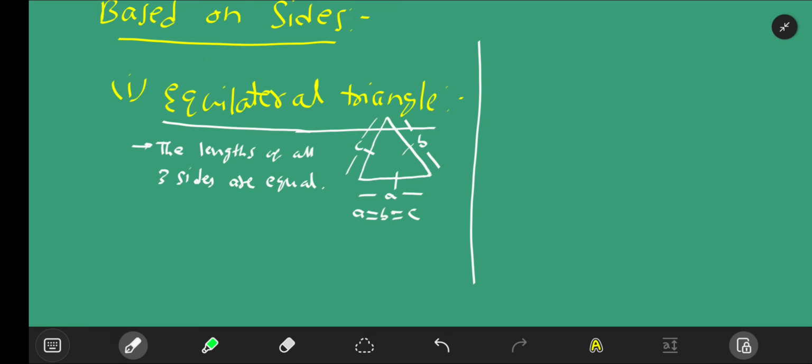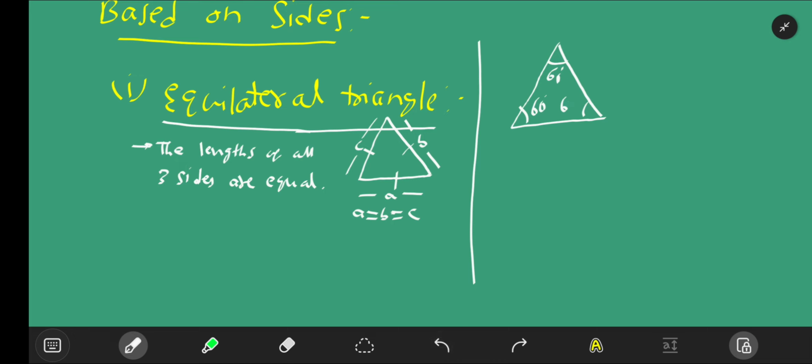And in this equilateral triangle, you have to remember these points. In equilateral triangle, suppose this is the equilateral triangle, all angles must be equal and they are equal to 60 degrees. In equilateral triangle, all angles equal 60 degrees.